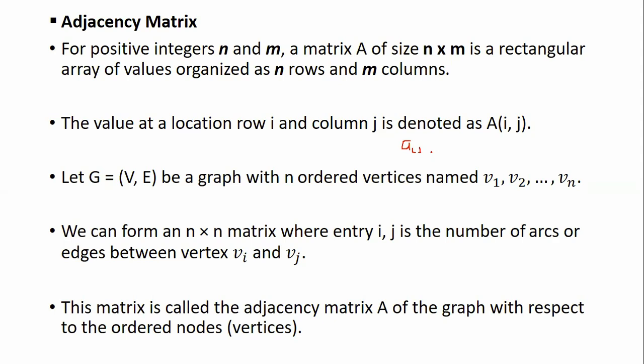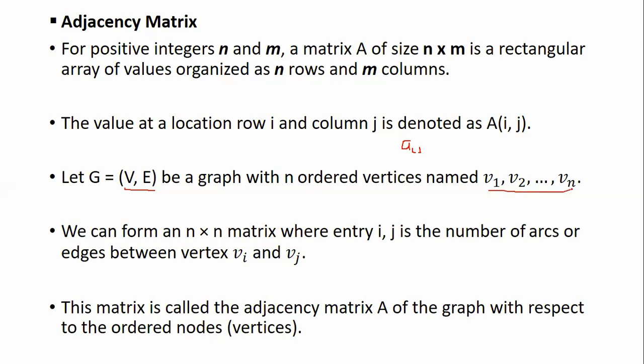Now we are going to use this idea in graphs. That's why I just flashed through the matrices, because we are going to form matrices. Now let's go to the graph. Let the graph G = (V, E), you know the meaning of that, be a graph with n ordered vertices named V1 up to Vn.